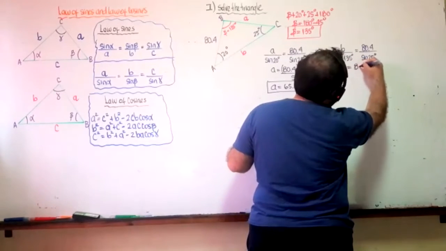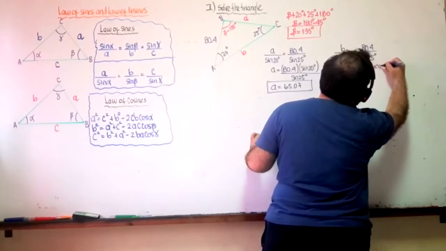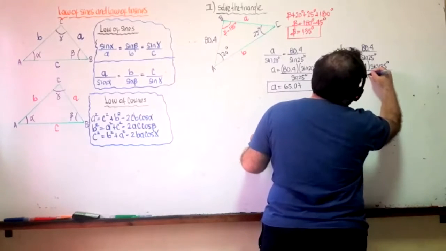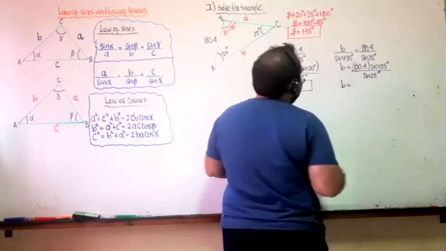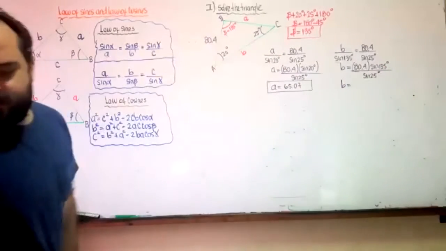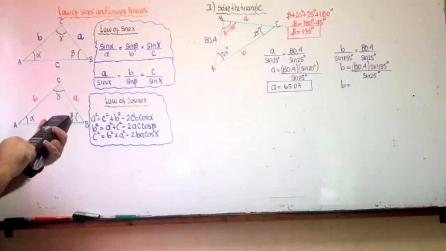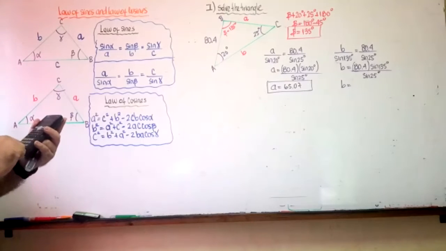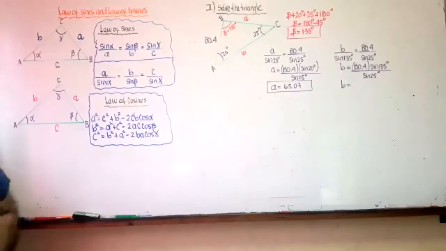We got 80.4 sine 135 degrees over sine of 25 degrees, and B will be equal to 80.4 sine 135 divided by sine 25, and we got 134.52.